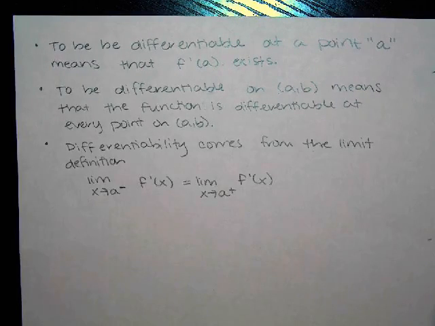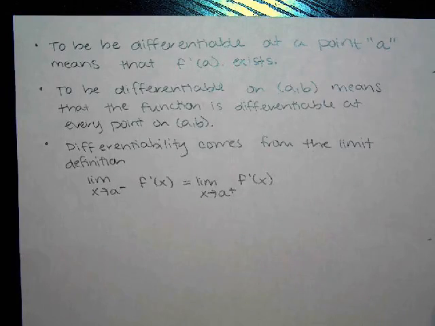If the left-hand slope and the right-hand slope are not the same, then that point is not differentiable. Okay? So that means we got to have some smooth curves. If the curves are not smooth, then you can't find the slope there because the left-hand slope and the right-hand slope would not be the same. So we're not thinking in terms of y-coordinates anymore. Now we're thinking in terms of slopes. Okay?